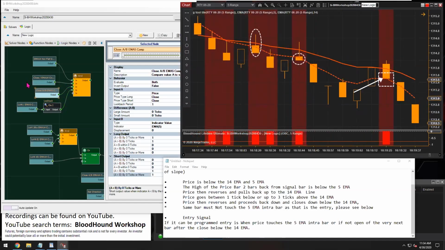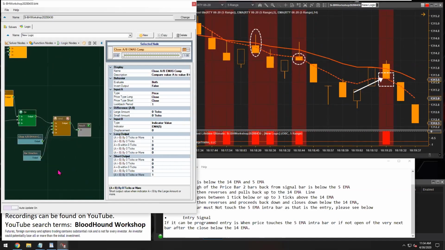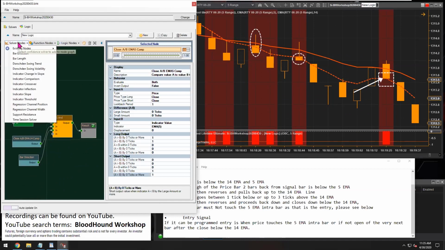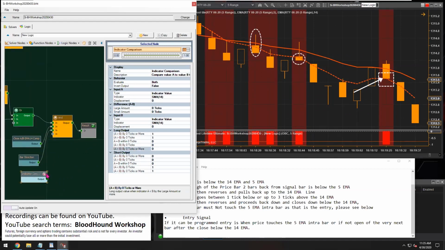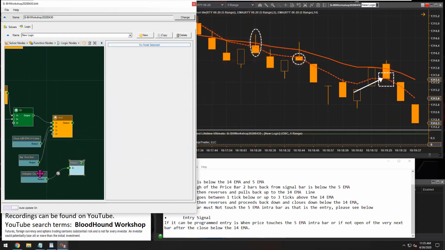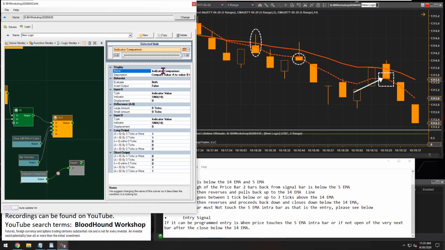So let's just grab a new comparison solver and just kind of start from scratch here. All right, so we'll compare the high for a long signal or the low of the bar for a short signal.